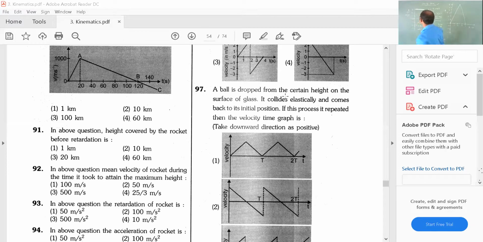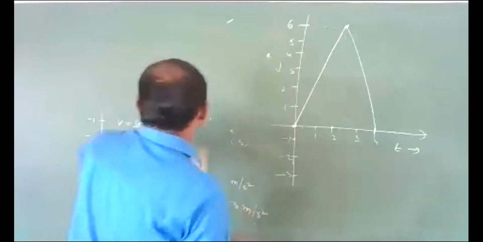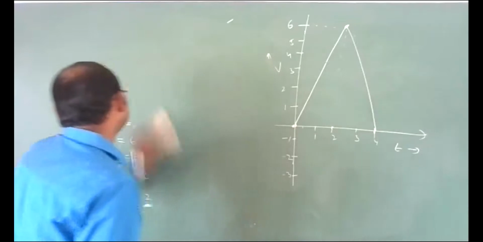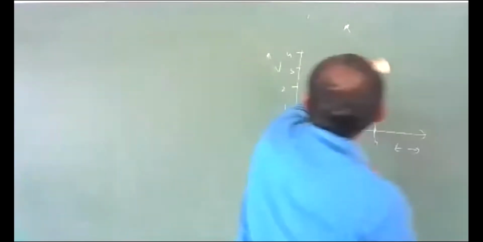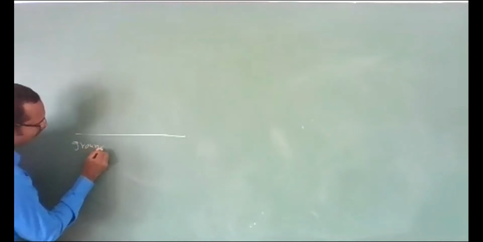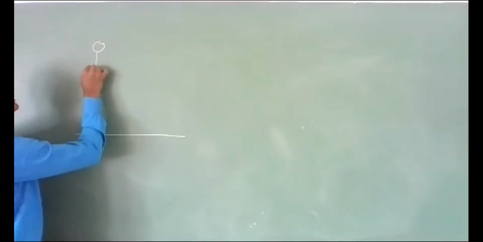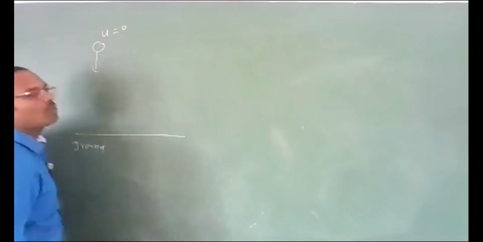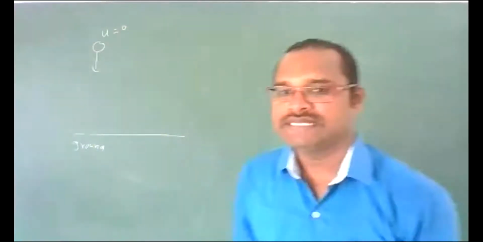So what happened here? The ball is dropped from a certain height. This is the ground. This is the ball dropped. What is the initial velocity of the ball? Zero. Yes or no? Yes, sir.